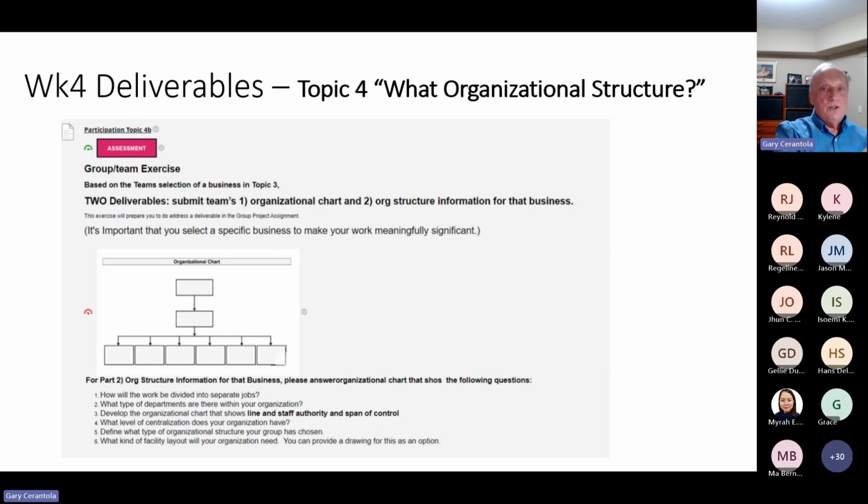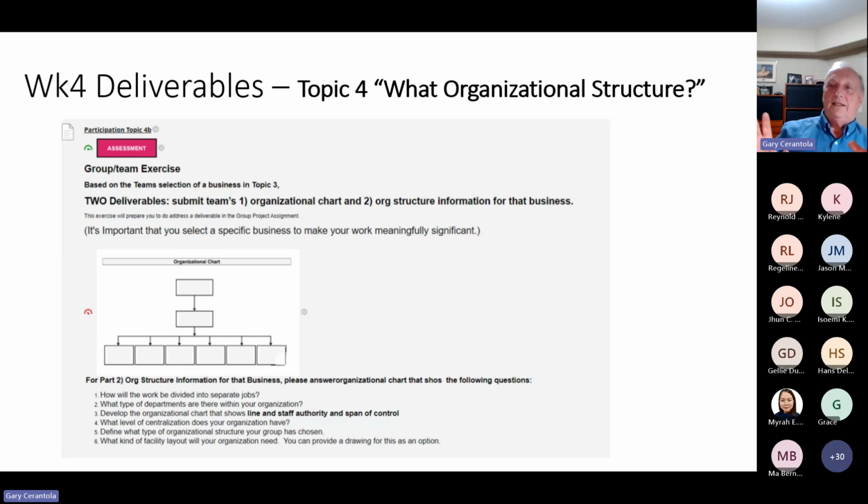So layout, and I'm going to show you a few slides as we go through this, is really important in terms of accommodating that structure. It's just another layer onto organizational structure, and that's the way you look at it.